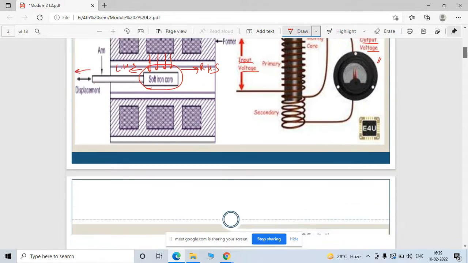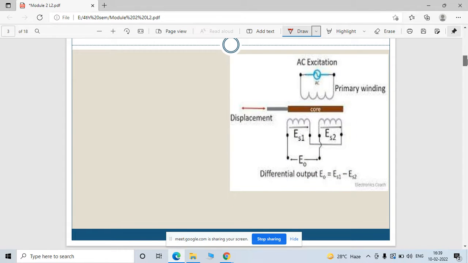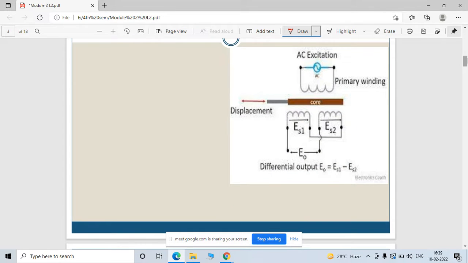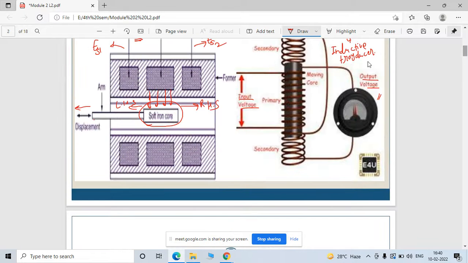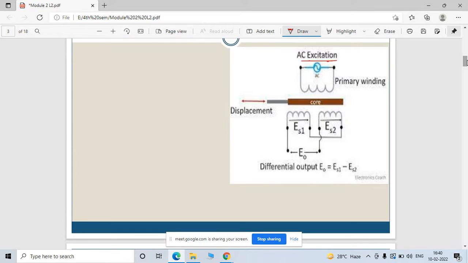Okay. Now see, one more thing. This is an AC excitation. AC excitation is given to this primary winding, which is given here. See, both structures are similar. So this is a primary structure.